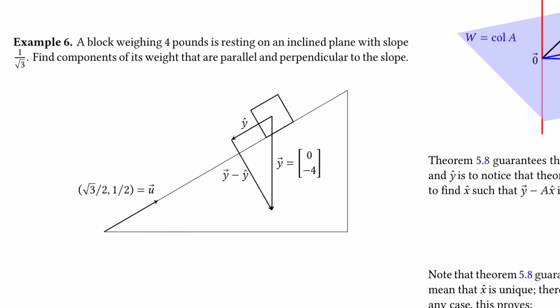And the block is on a slope, an inclined plane, with slope 1 over root 3. So a unit vector that is parallel to that slope is this u right here. And notice that the magnitude of this is 1, so this is a unit vector.